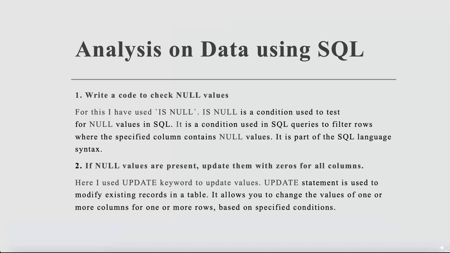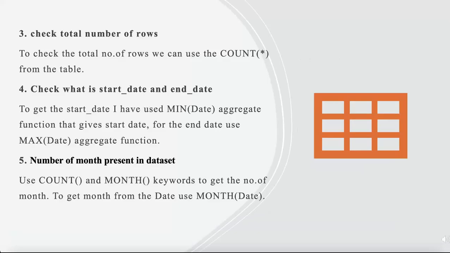The next one is that the null values are to be updated with zeros. If there are any null values present in the dataset, they must be replaced with zeros. So I used the update keyword to update the null values. For these two queries, there are no null values, and so we cannot update any null values with zeros.